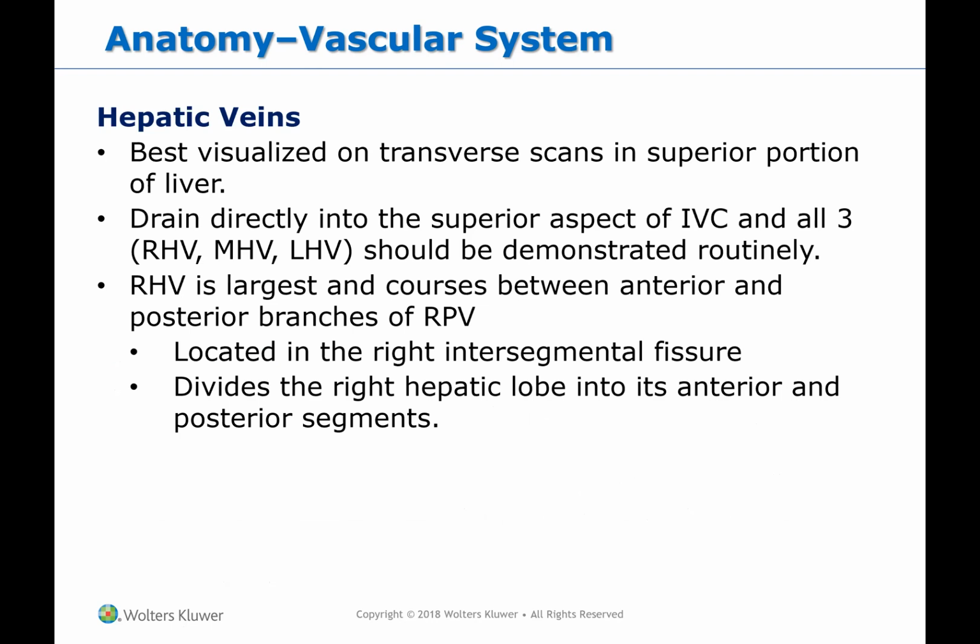The hepatic veins are best visualized in a transverse scan in the superior portion of the liver, and they drain directly into the superior aspect of the IVC. So there's the right hepatic vein, the main hepatic vein, and the left hepatic vein. The right hepatic vein is the largest and courses between the anterior and posterior branches of the right portal vein.